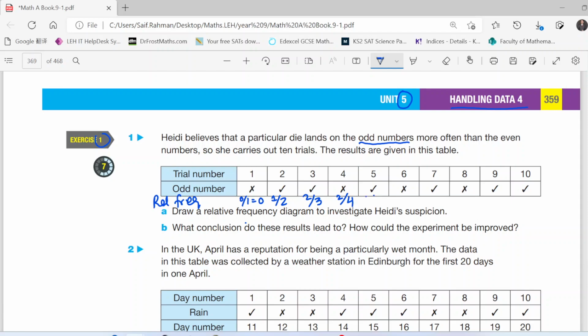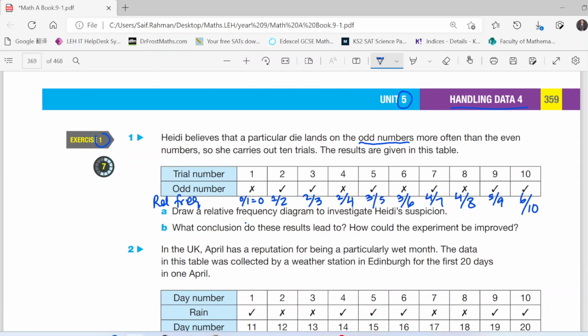And here the success makes it 3, so 3 over 5, and then it remains 3 over 6, and it goes to 4 over 7, and it remains 4 over 8, then 5 over 9, and 6 over 10. So this is the relative frequency.